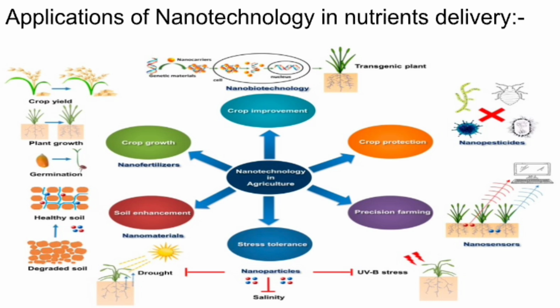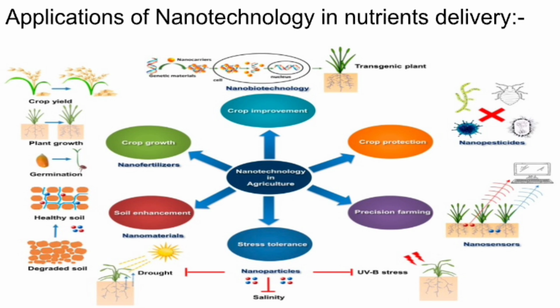Next is our main point, that is application of nanotechnology in nutrient delivery. You can see in this diagram, this flow chart shows the various uses of nanotechnology in the agricultural sector, or indirectly in nutrient delivery.